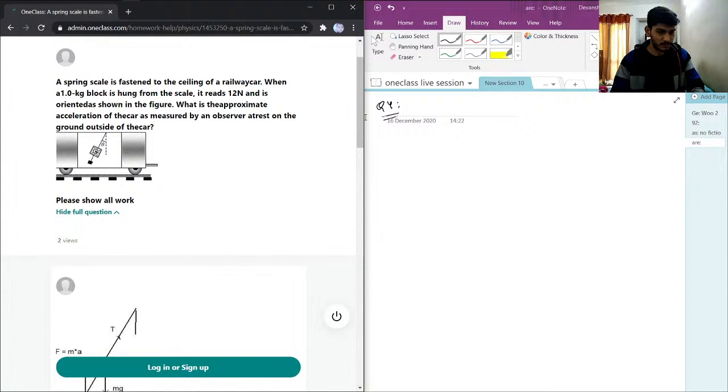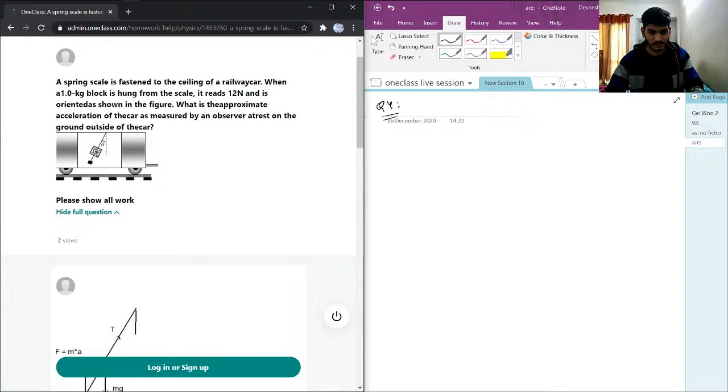When a 1 kg block is hung from the scale, it reads 12 Newton and is oriented as shown in the figure. What is the approximate acceleration of the car as measured by an observer at rest on the ground outside the car? It is necessary for the observer to be outside the car, in a different frame of reference, so that he can observe the acceleration of the car.